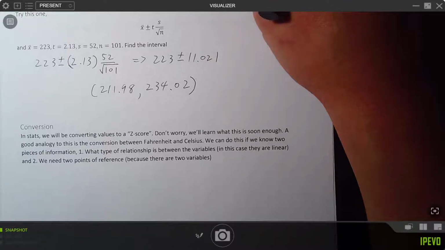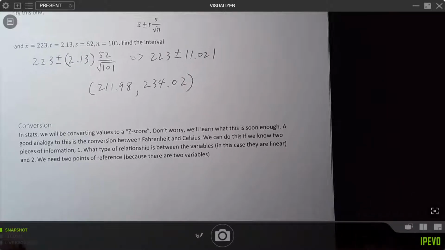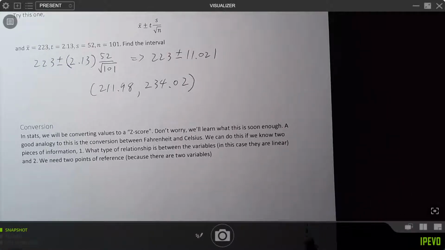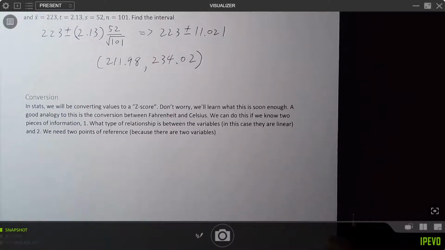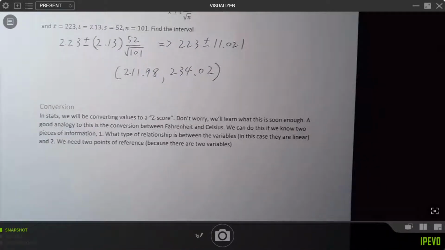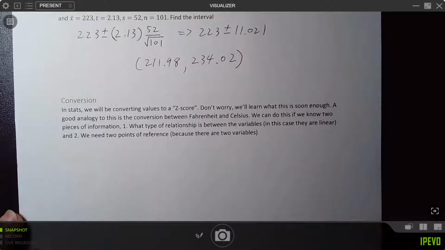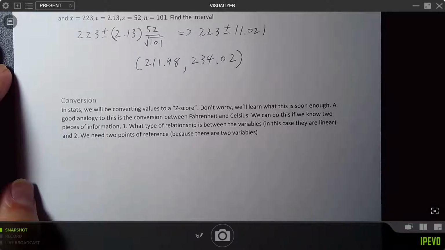So, for example, if you're traveling to Europe, or basically anywhere else in the world, and you have a cookbook, but everything is in Fahrenheit, and you want to measure when you're cooking, but the only thermometer they have is Celsius. So you will need to convert your Fahrenheit into Celsius, or vice versa. Or everything you measure is in Celsius, and you want to know what that is in Fahrenheit.